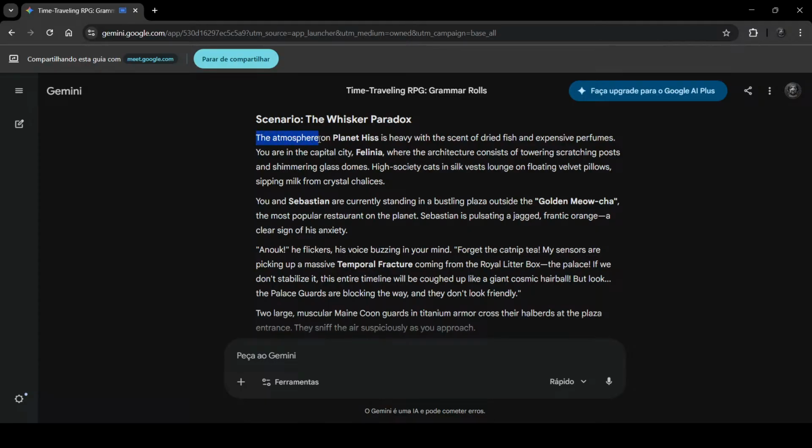The atmosphere on planet Hiss is heavy with the scent of dried fish and expensive perfumes. You are in the capital city, Felinia, where the architecture consists of towering scratching posts and shimmering glass domes.